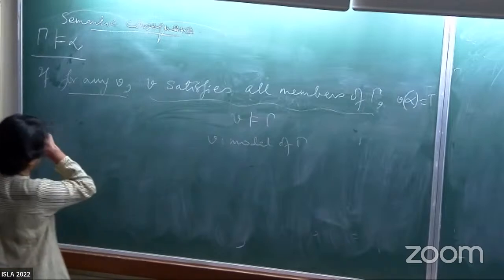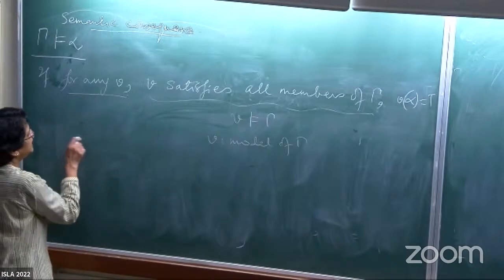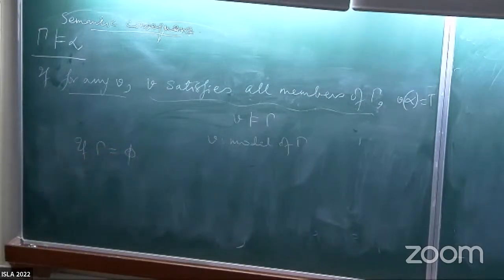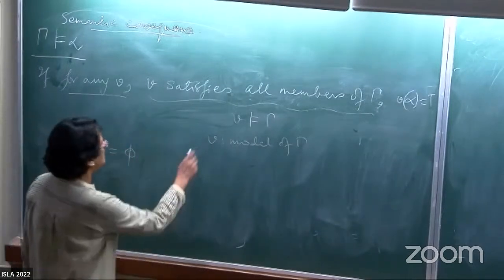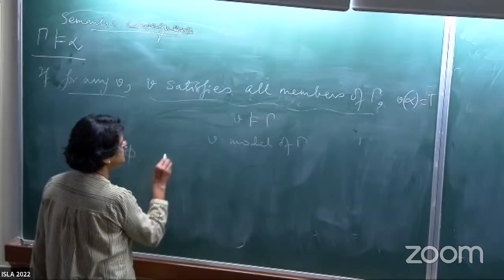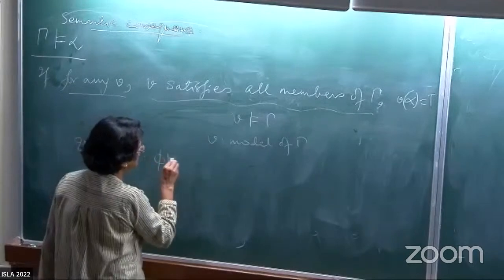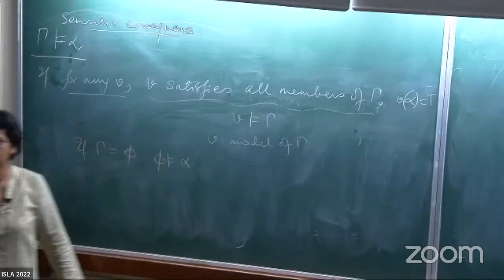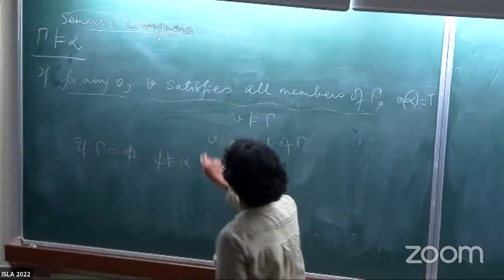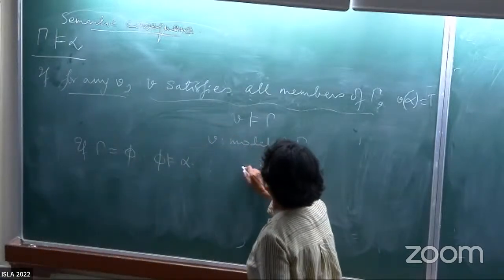Notice that if gamma is empty, what happens? What does it mean to have this? By definition, I will leave this as an exercise.